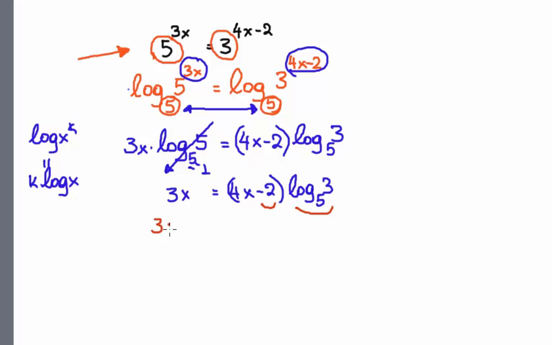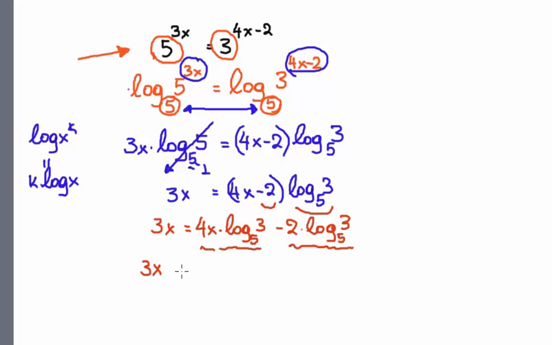So I have on the left side 3x, and on the right side I distribute and I have 4x times log with base 5 of 3 minus 2 times log with base 5 of 3. Now this is the constant of my equation because it contains only numbers, while this is a variable term. I need to separate the variable terms from the constant terms.